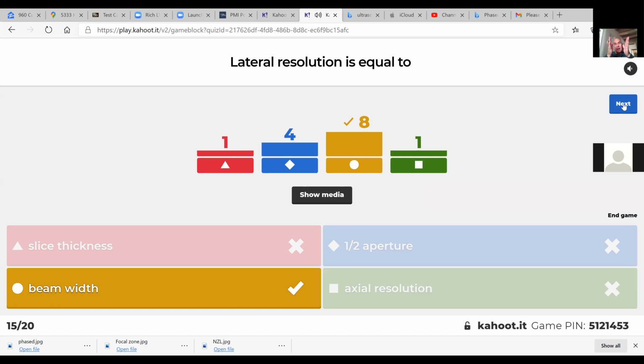So lateral resolution is best right at the focal point, right? That's the most narrow part. So 1/2 aperture actually would be lateral resolution at the focal point only. So that's not bad. Axial resolution is the opposite, and slice thickness is the opposite in the forward backward direction.